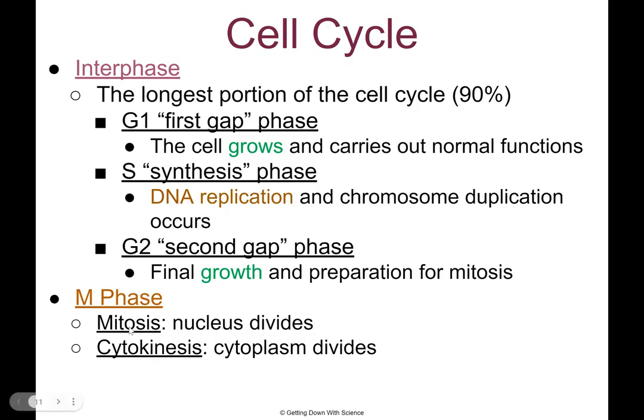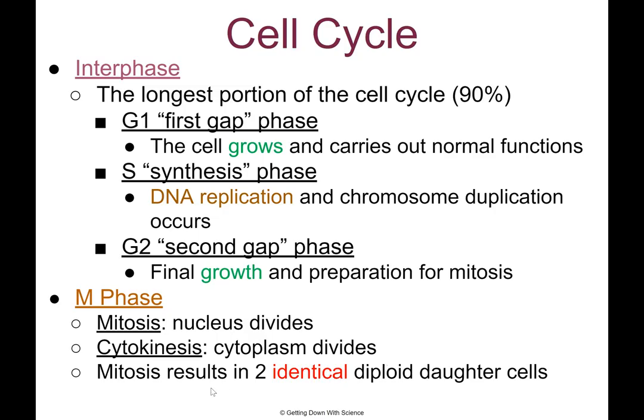So you want to make sure that you are clear that mitosis is nuclear division, cytokinesis is the rest of the cell. At the end of mitosis, we should have two identical diploid daughter cells that basically are clones or exact copies of the original parent cell before we went into the division.